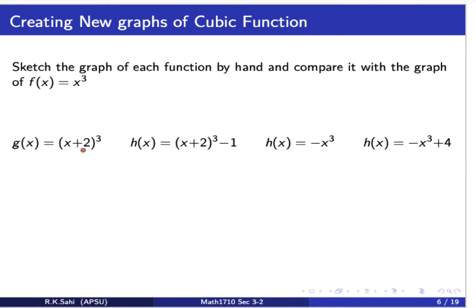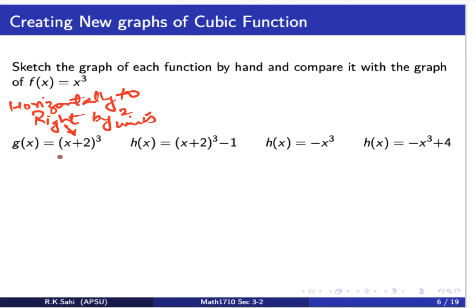Now notice, when you see x plus 2, now this g(x) is x plus 2. Now remember the change is in the input, and if it is a positive sign, that means the graph moves horizontally to the left by 2 units.